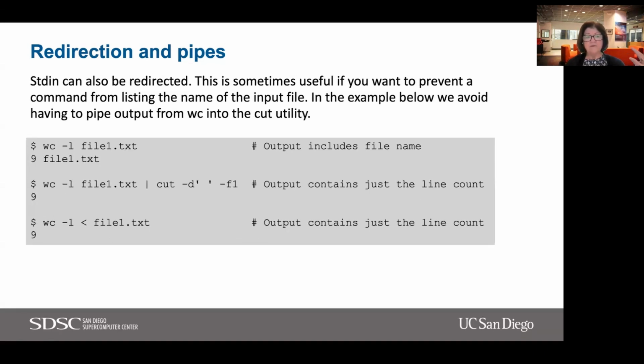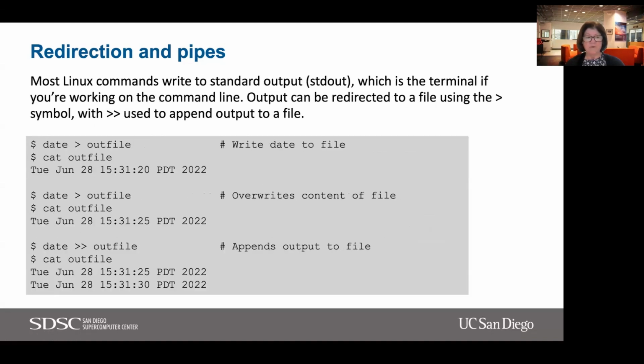Again, standard in can also be redirected. When you're on the command line and you're typing into what's called standard in, standard in takes that and does something with it depending on your command. So here I'm doing word count -L and look at what's in this file. In the previous command up here, we printed out the contents of that file.